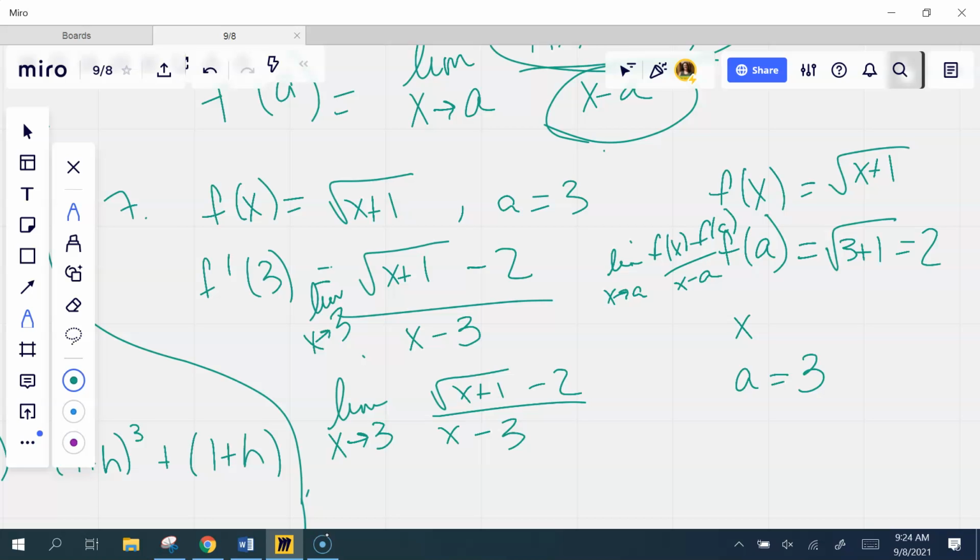So how do you know that f of a is that? Because it told me that a was 3. That's what it told me in the beginning. It says f of x equals square root of x plus 1, a equals 3.